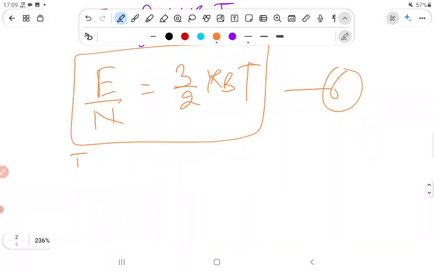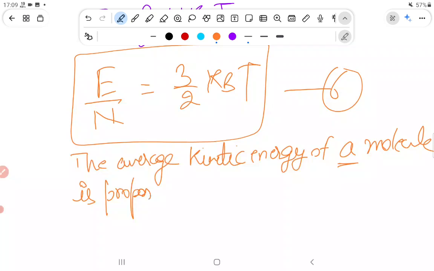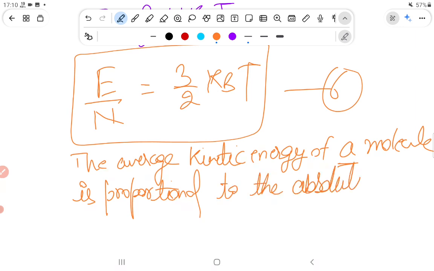The average kinetic energy of a molecule is proportional to the absolute temperature of the gas.